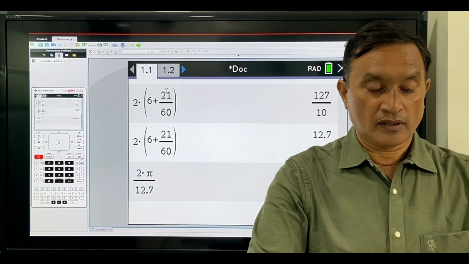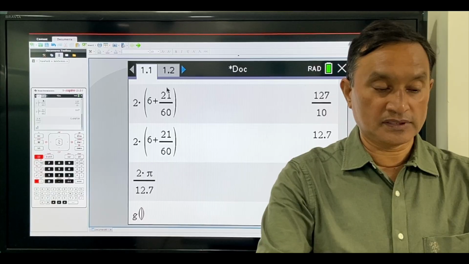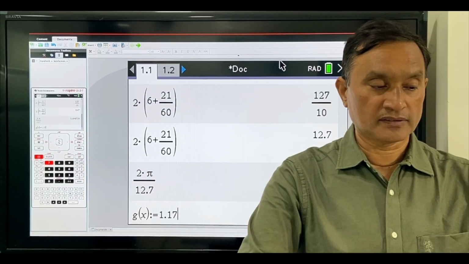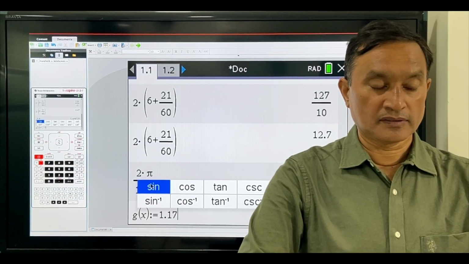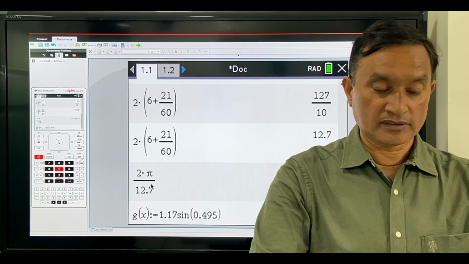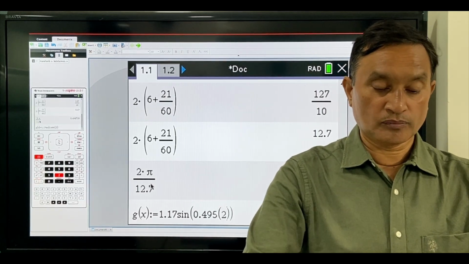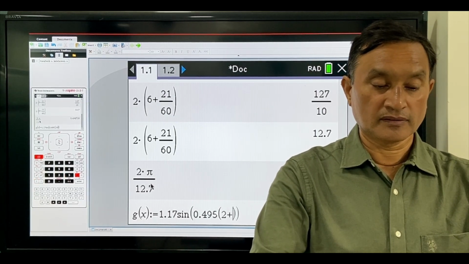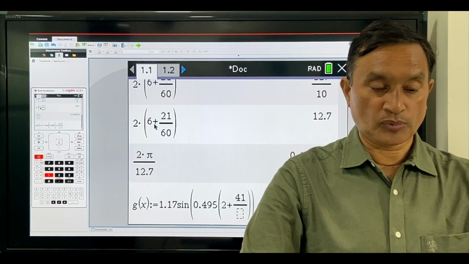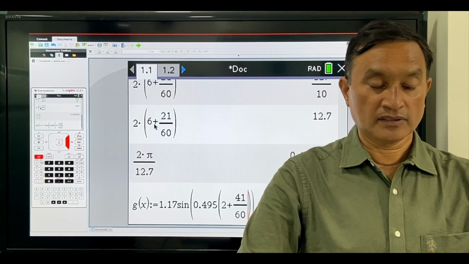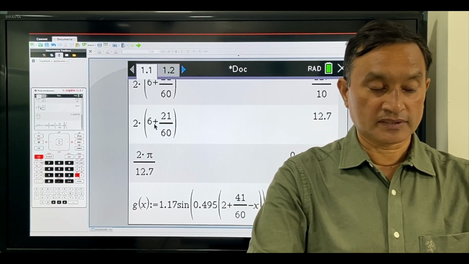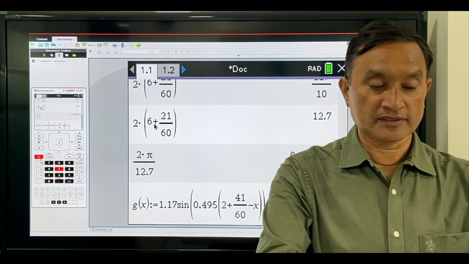So let us assume the function g of x is 1.17 sine 0.495 bracket 2 plus 41/60 minus x plus 1.57.